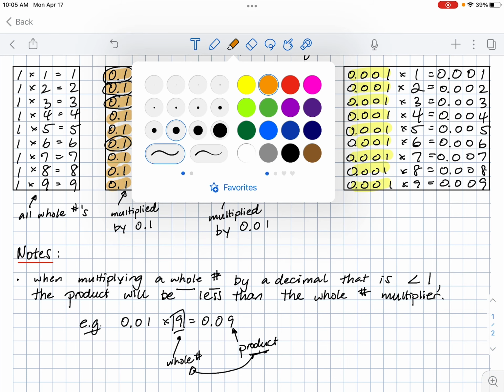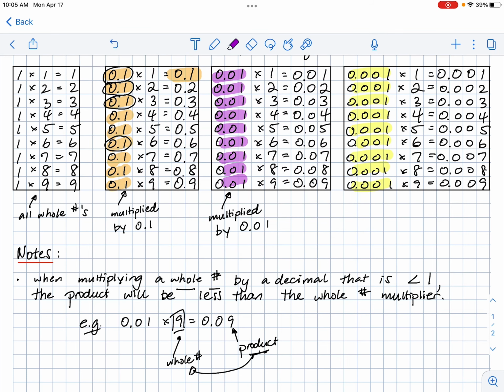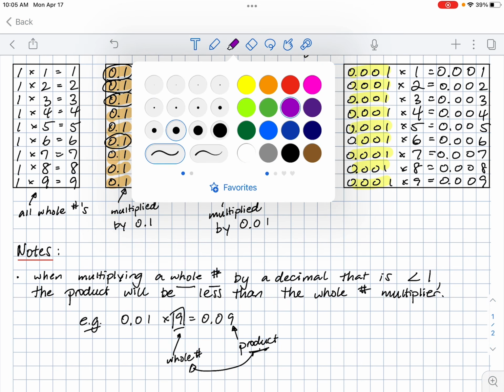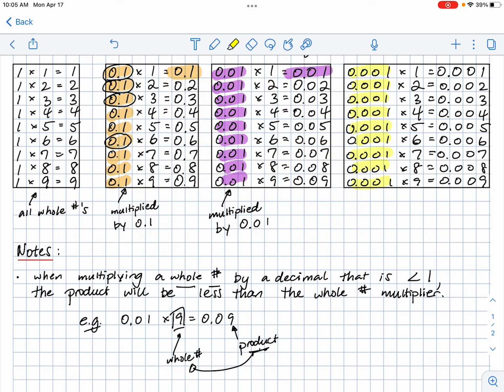If you look at the next column, 1/100th times 1 gives you 1/100th. Because you multiply by 1/100th, there's 2 digits after the decimal place in the next column. And then in the third example, because you're multiplying by 1/1000th, you've got 3 digits after the decimal place in the decimal multiplier. Therefore, you have 3 digits after the decimal place in the product.